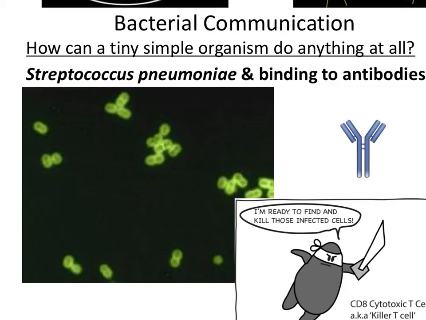So instead, it would be beneficial for the bacteria to wait and lurk in the shadows and reproduce a little bit and get amped up in population. And then once there's enough of that bacteria, they all launch an attack together, and then it's less likely that my immune system will be able to quickly eradicate it.